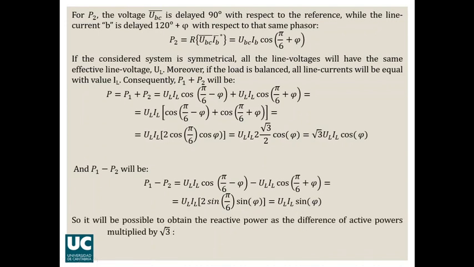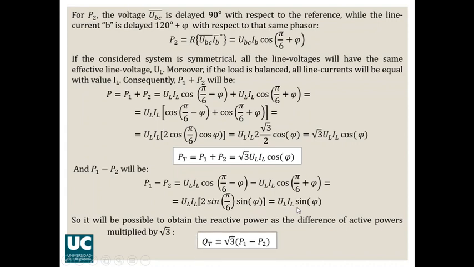The consequence of these demonstrations is that the sum of P1 and P2 is directly the total active power, because we get to this result, which was the value of the active power if you go back a couple of slides in this presentation. And the difference between P1 and P2, which were the measurements of the two wattmeters, is this one. If you multiply by square root of 3, there you have exactly the value of the reactive power.